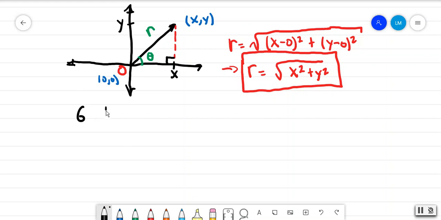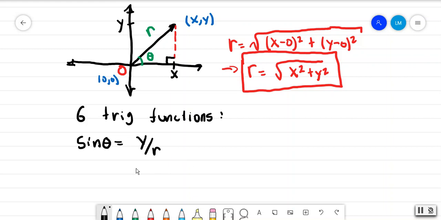We have 6 trigonometric functions, and we define them in the following way. Sine theta is equal to y over r. And cosine theta is x over r.